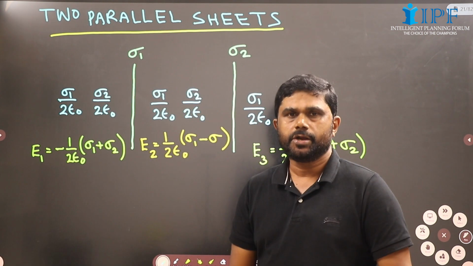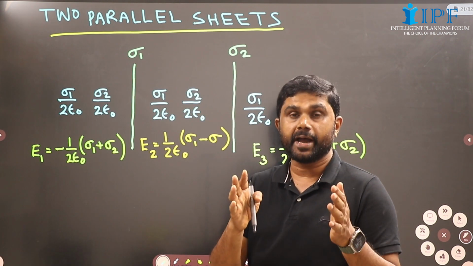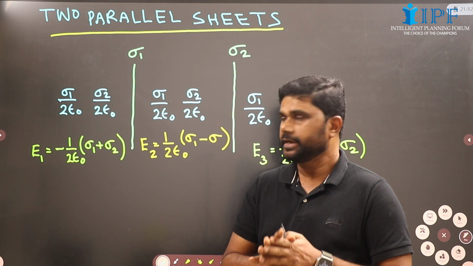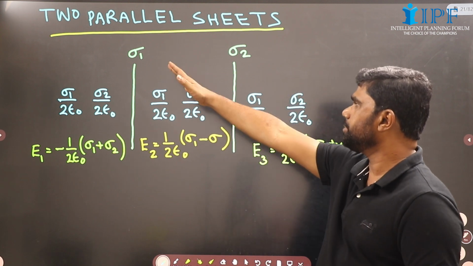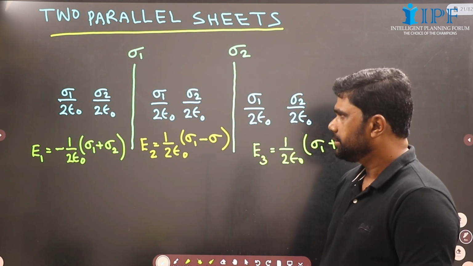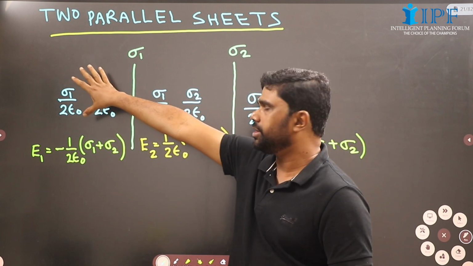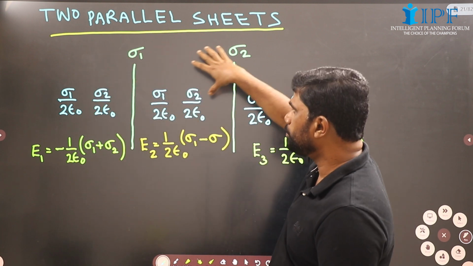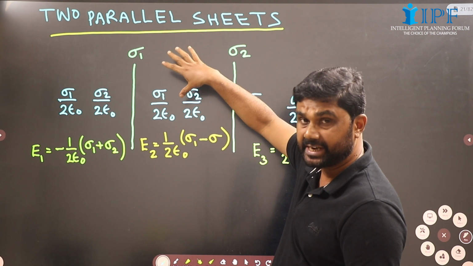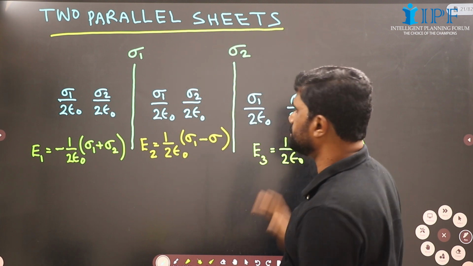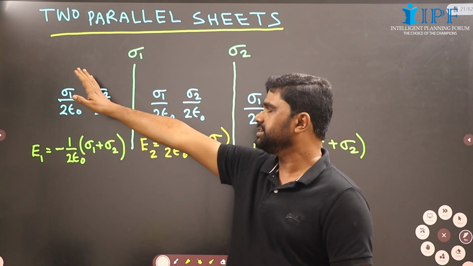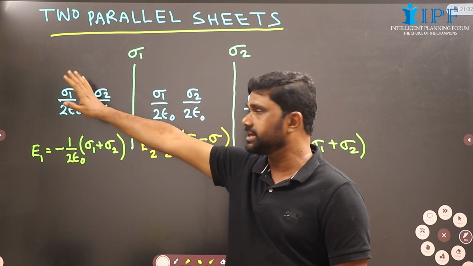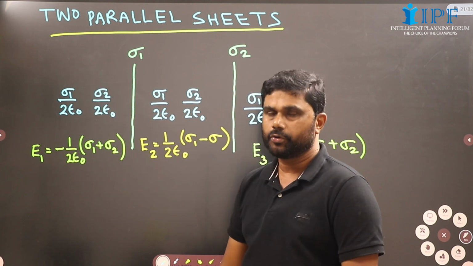Now see, we have two parallel metal plates carrying surface charge densities sigma 1 and sigma 2. Suppose this is region 1, the region in between the two plates is region 2, and this is region 3. We want to find the resultant intensity of electric field in each region.